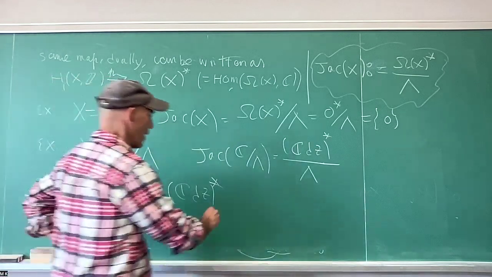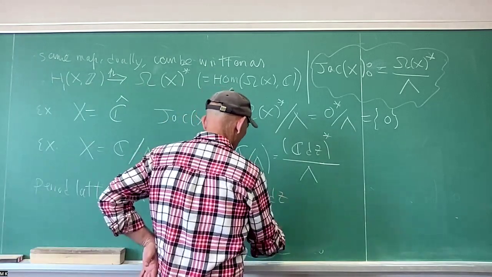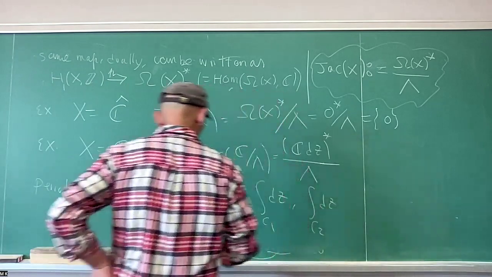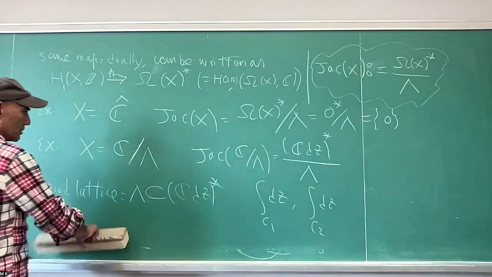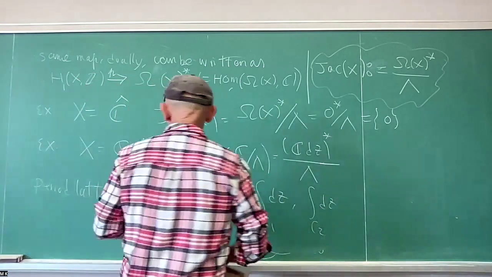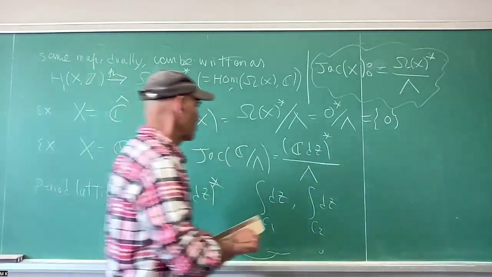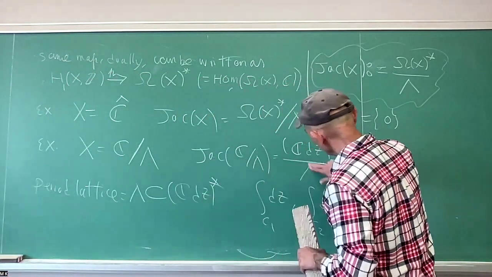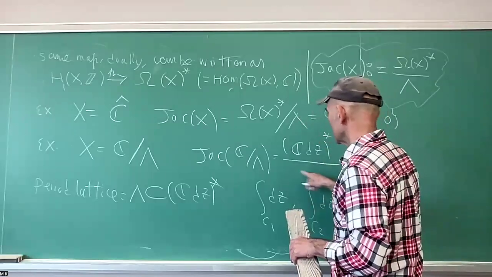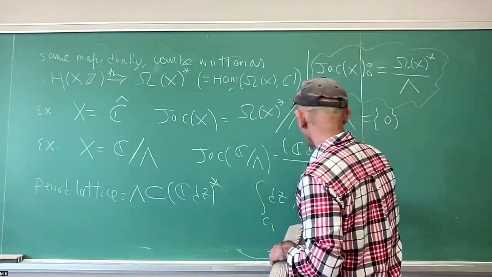So I have these 2 cycles, integral of dz over C1 and integral of dz over C2. What are C1 and C2? The obvious cycles are the cycles defined by the original lattice. Oh, by the way, this is a bad notation, sorry. I have to use a different notation because it's not clear yet that this lattice is the same as this lattice.